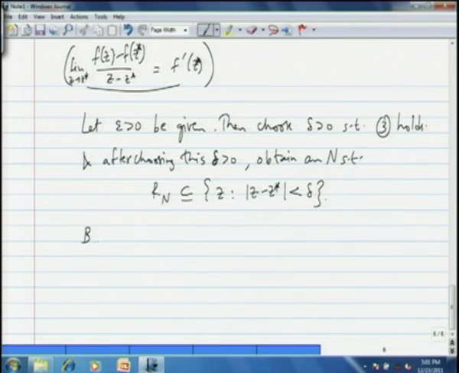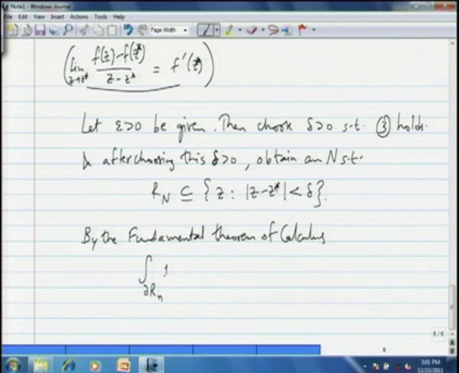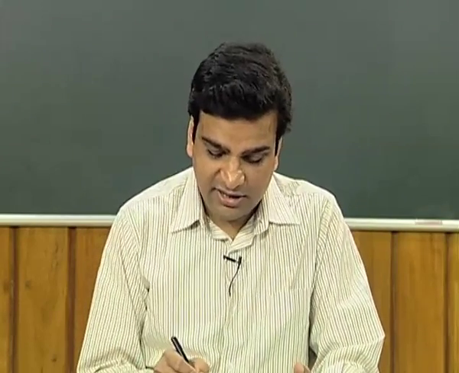We will make some observation by the fundamental theorem of calculus, the complex version. Okay. So, by the fundamental theorem of calculus, we know that the contour integration of the complex function 1 dz on the boundary of R n is 0, because 1 is the derivative of z on all of the complex plane, so in particular on an open set containing this rectangle R n.